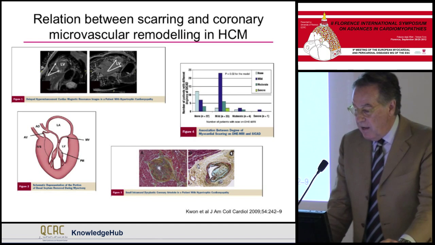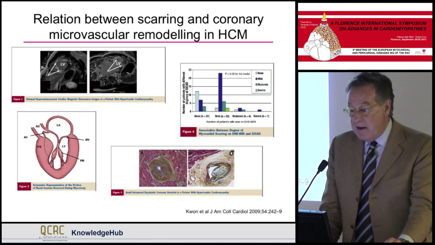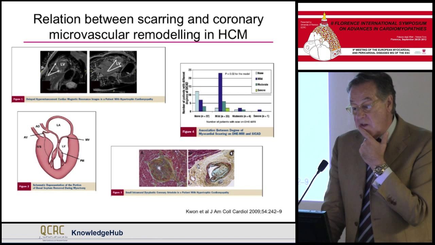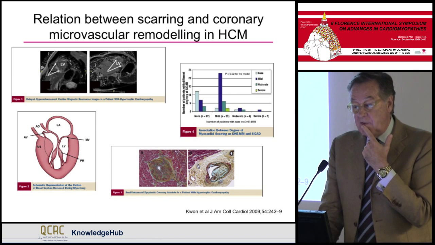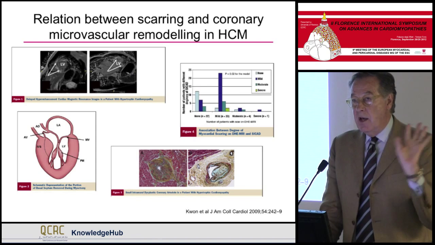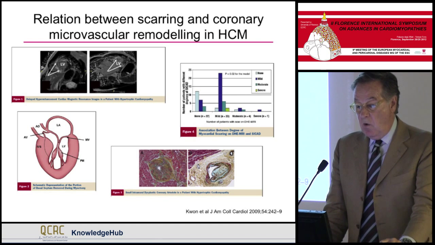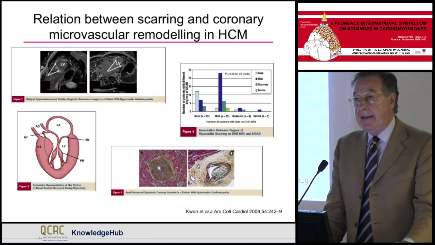I want to share with you a very nice paper that was published 3 years ago in JACC. The authors had a series of obstructive HCM patients undergoing septal myectomy, and all the patients had MRI.